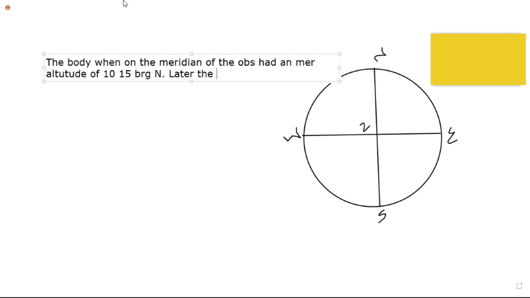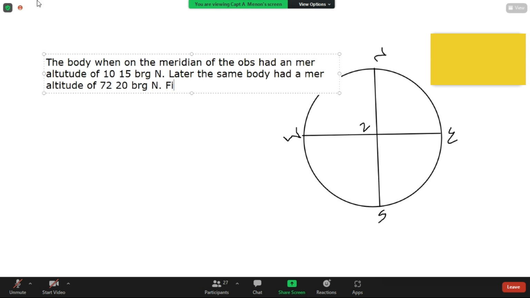The same body had a meridian of 72 degrees. It's bearing north again. Bearing north. Find the latitude of the observer and the declination of the body.